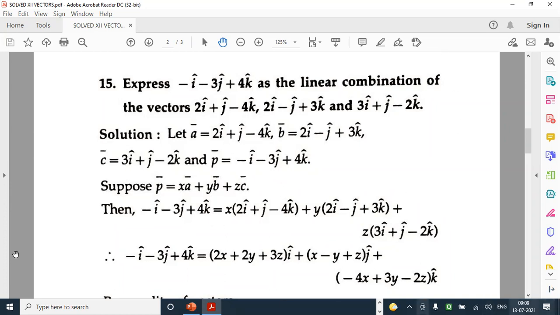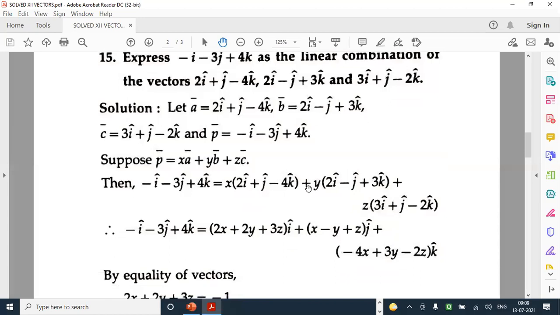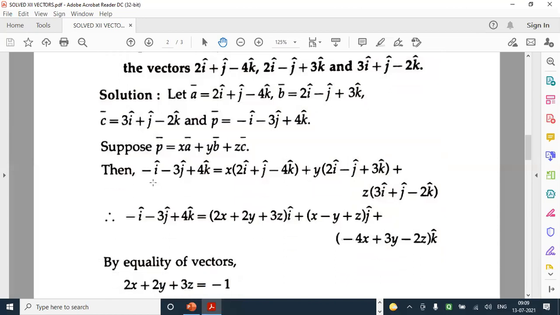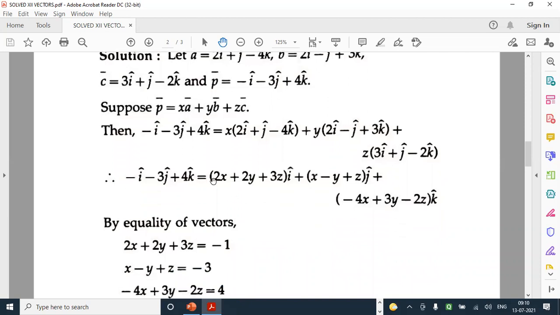Now we can get three equations. How? By equating components of i cap, j cap, and k cap. For that, on the right hand side, I have written a single term in i cap, which is what? 2x plus, see the cursor, plus 2y plus 3z, and so on. Now these two vectors are equal, so components must be equal, right? Now you will ask me, why aren't you saying proportional?